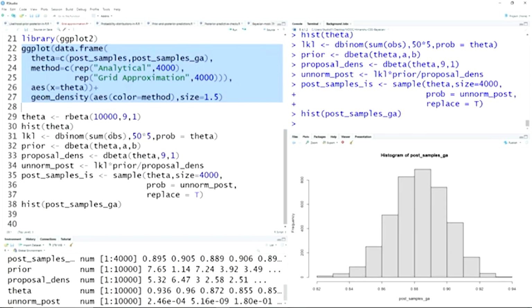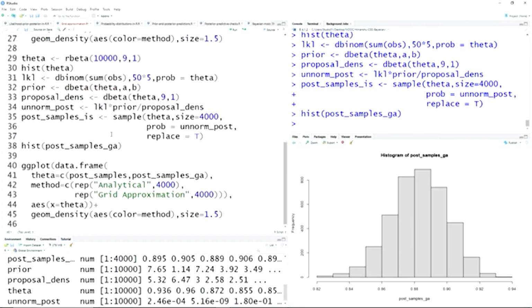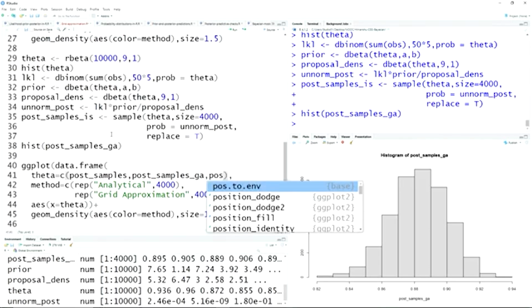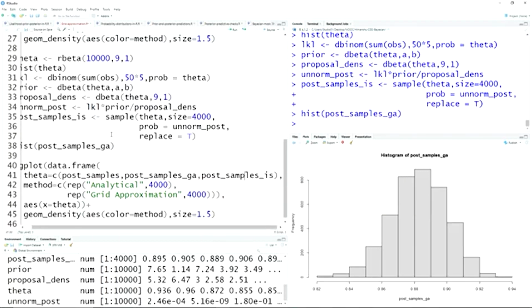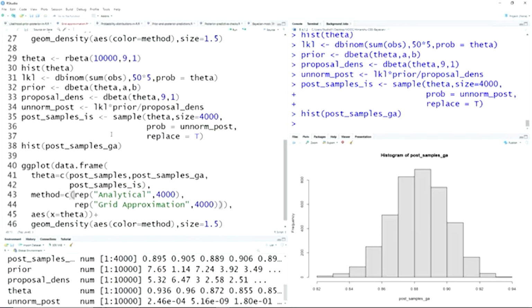Now I can compare samples from all three approaches. I'm just adding to the same data frame the samples from the importance sampling method.